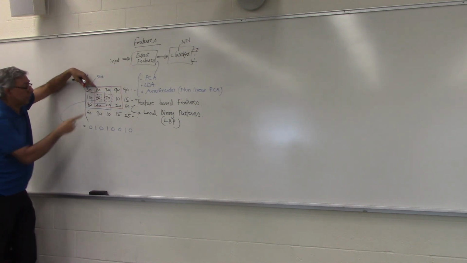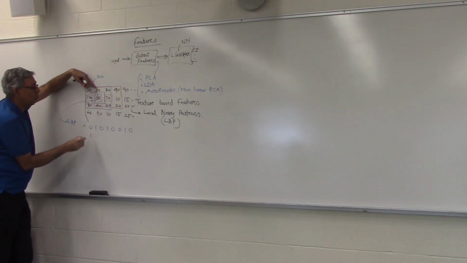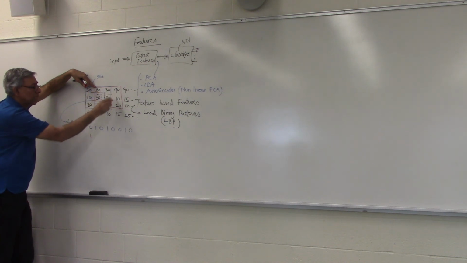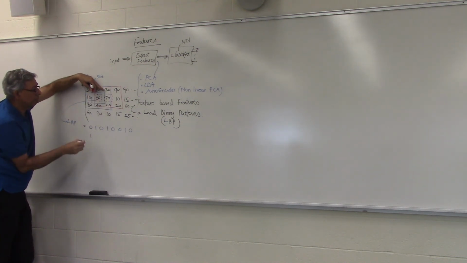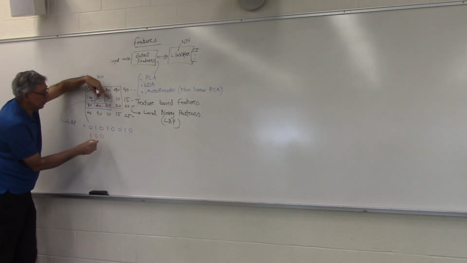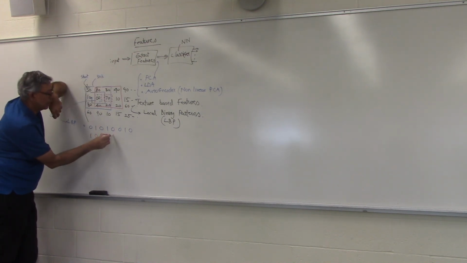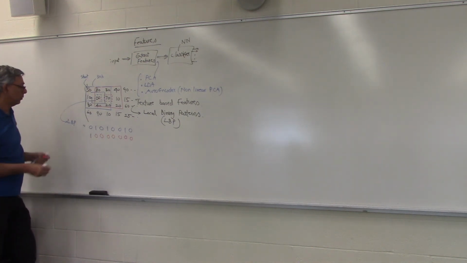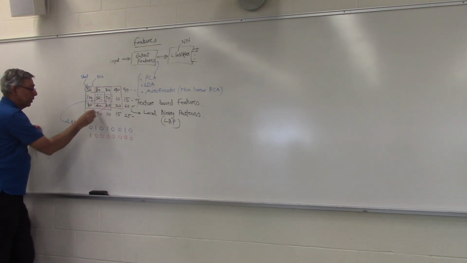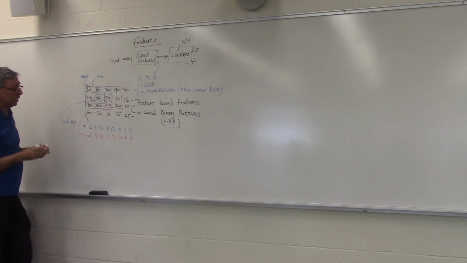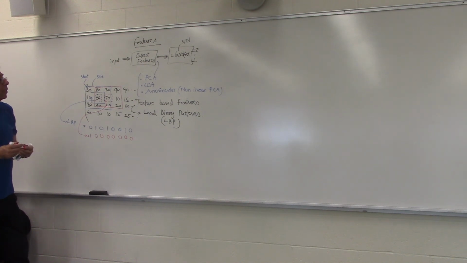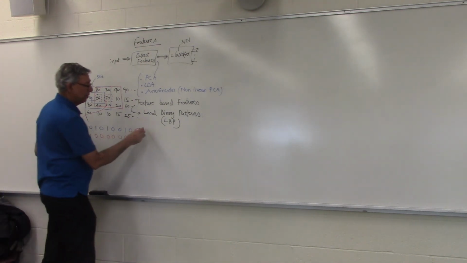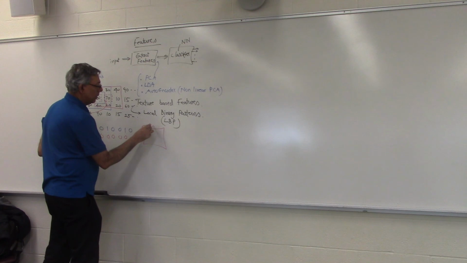So 80 compared to 70 is 1, and again we start from here and go in a circle. 30 compared to 70 is 0, 40 compared to 70 is 0, and so on. So this will be the LBP in this position. Everybody agrees?